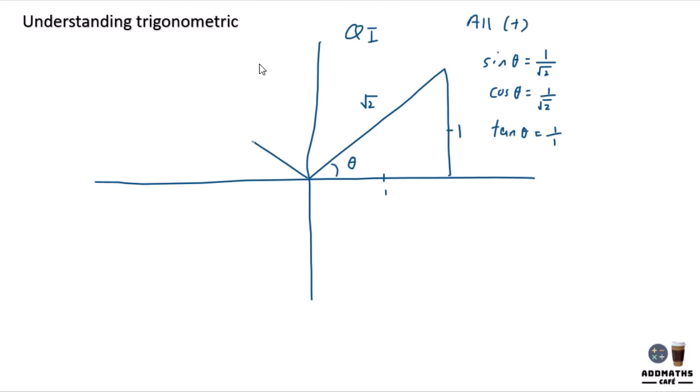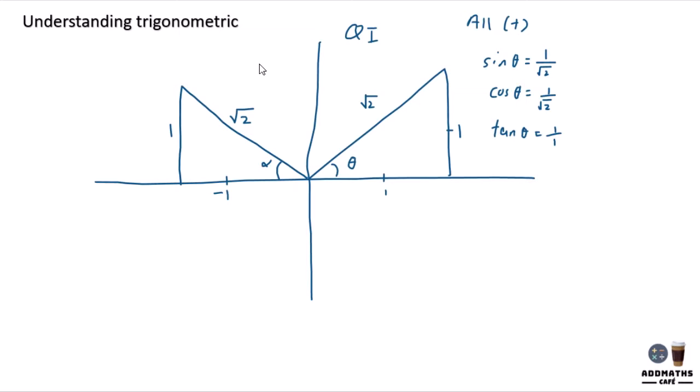Let's say in this case, quadrant 2, I know that going back will give me a -1, going up will give me 1. So in this case, let's say this is alpha. The hypotenuse will still be square root 2.